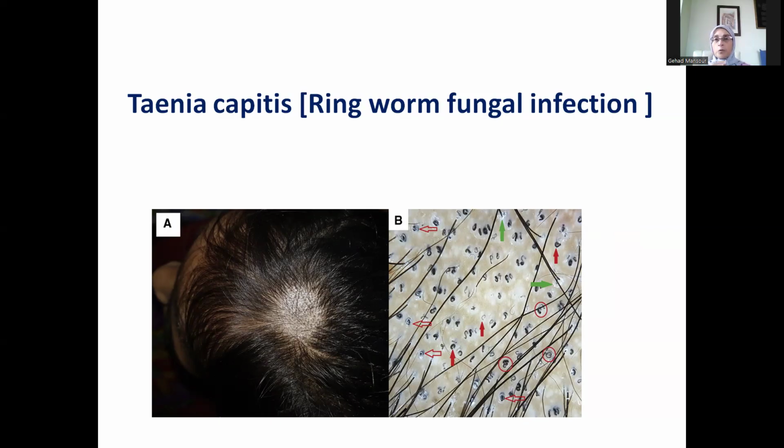Meaning that we ask ourselves what drove the patient, or what triggered the patient to come to the clinic. It is the sudden appearance of a localized patch of loss of hair in the scalp. So this is the chief present complaint of the patient. So I will start by analyzing this chief main complaint.